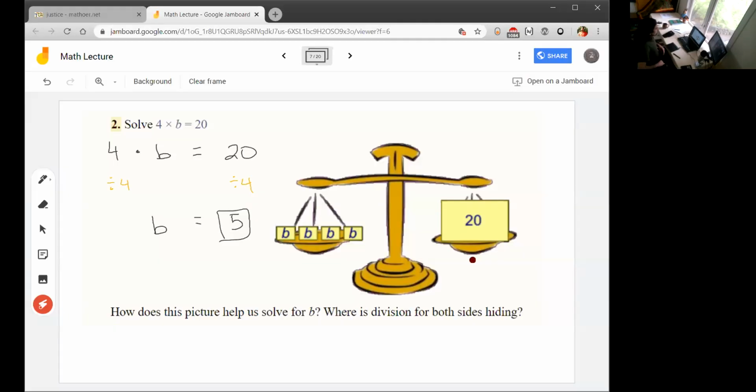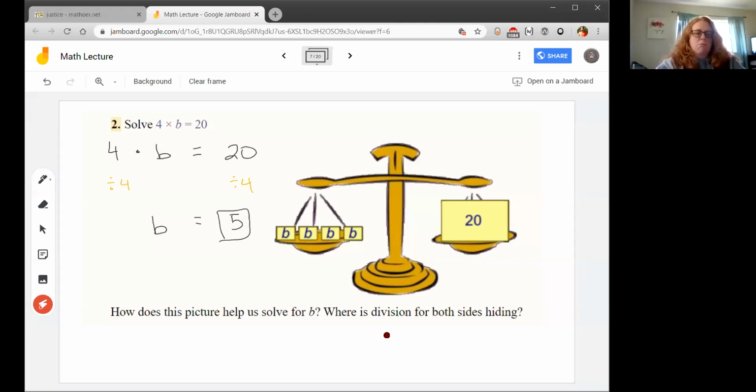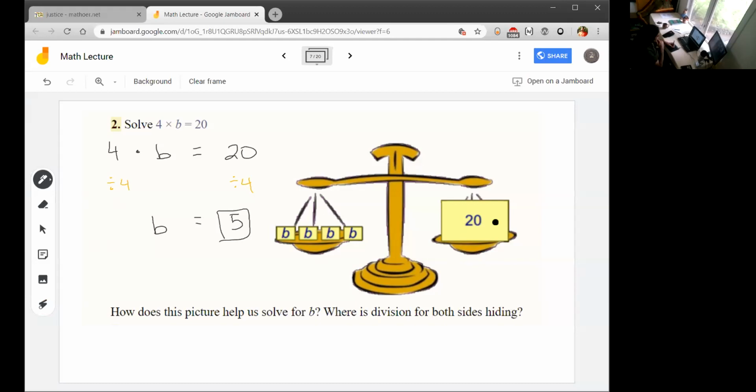Okay, back to us. So where's the divided by 4? I don't know. I don't get that. Under the 20? I can take the 20 and chop it into 4.